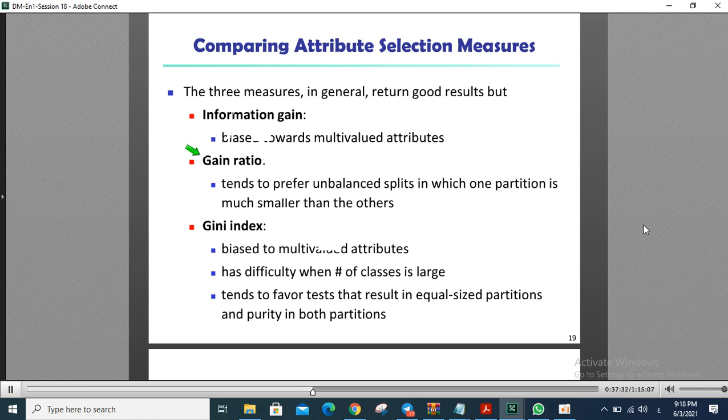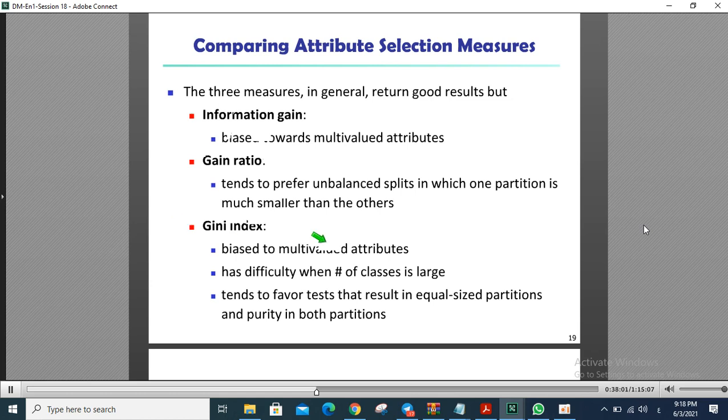The second measure was gain ratio. Gain ratio is not a good option for unbalanced data sets. Why? Because gain ratio tends to partition my data into two splits with different size.